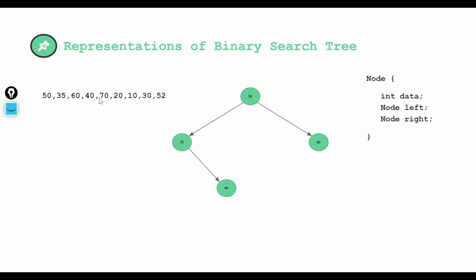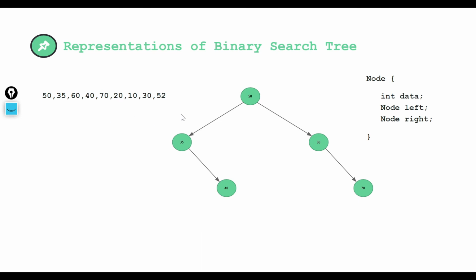Now the next element which we are going to add is 70, and we have to compare it with the root node first. As it is greater than the root node, it will go to the right hand side of the root node. Now we have another element on the right hand side, so we'll compare with that element. As 70 is greater than 60, it will again go to the right hand side of the element 60. See this.